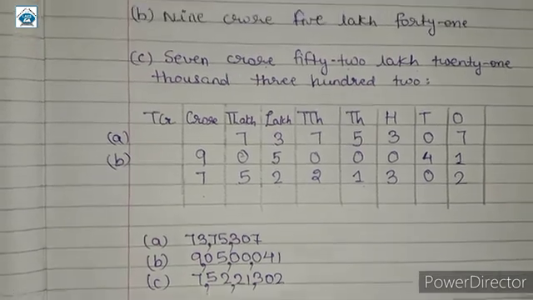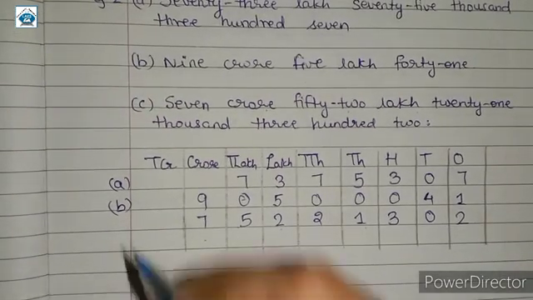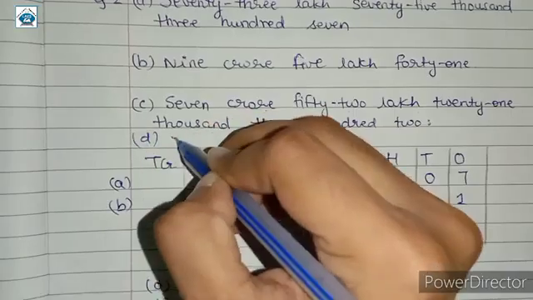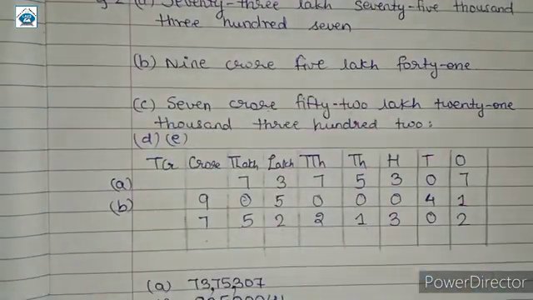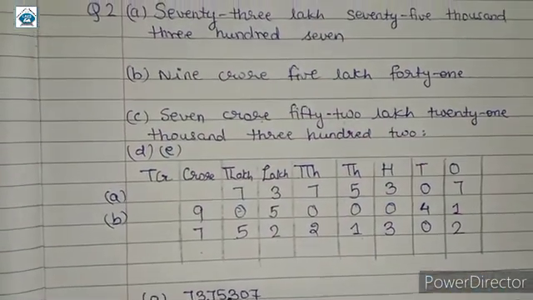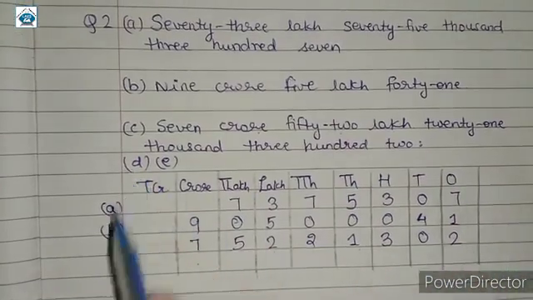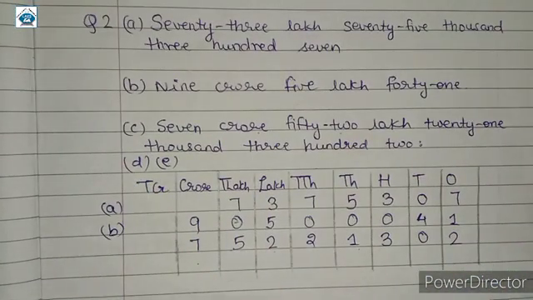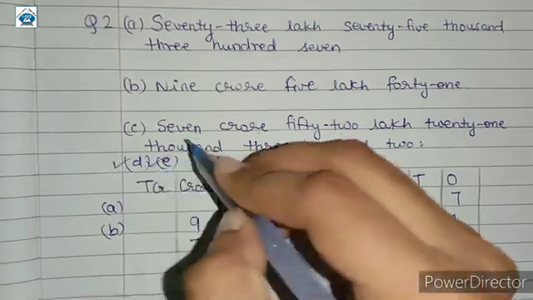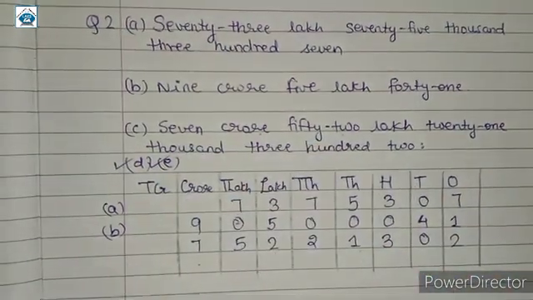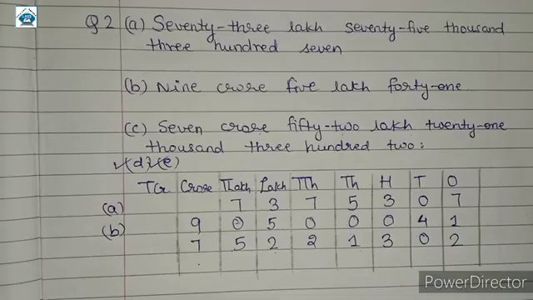In the similar manner, in question number 2, you have part D and part E. So that should be solved in the similar manner using placement boxes. This can be shown in the rough, and these 2 parts need to be solved by yourself on your own, and write the proper solution in your notebook.